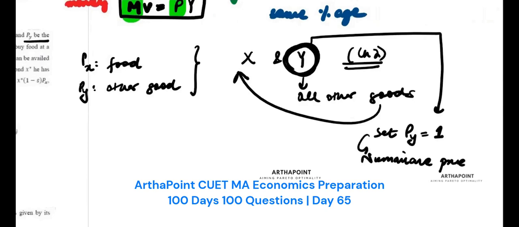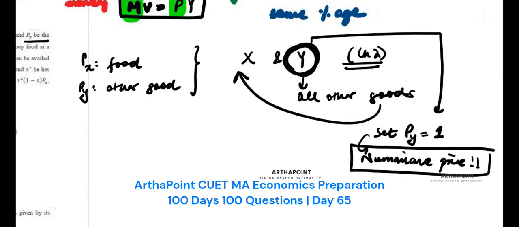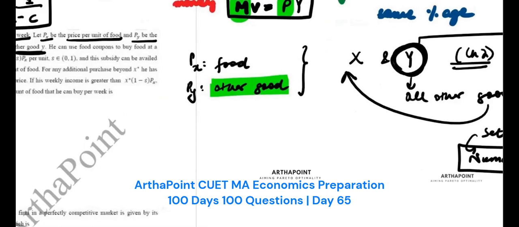It doesn't change any of the analysis, but this is just done to represent that all other goods together have the price 1. We do this a lot of times. I haven't read the question, but we can go ahead and do that also.